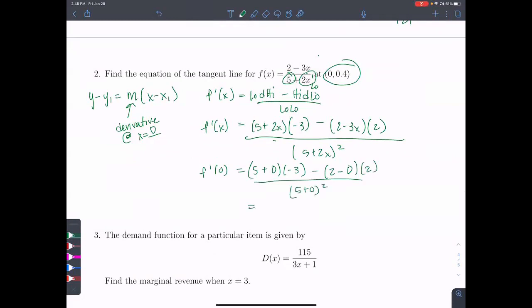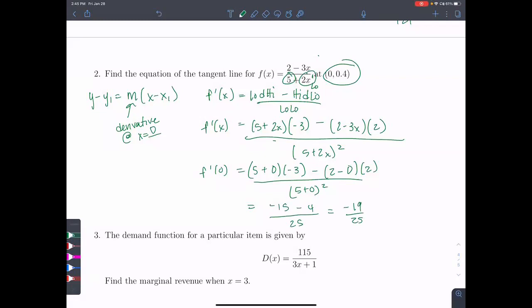So 5 times -3 is -15, minus 2 times 2 is 4 over 25. -19 over 25.